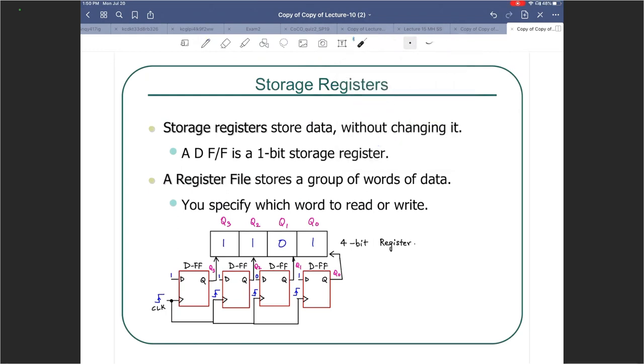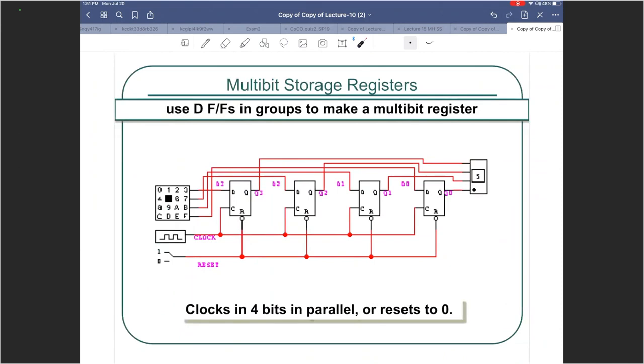A register file stores a group of words of data. So in this case, we have 4 bits making up this group. You specify which word to read or write. Right now we wrote 4 bits into a 4-bit register. So this is again viewed from a more general point of view.